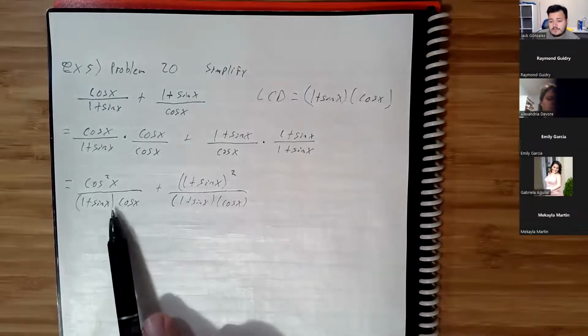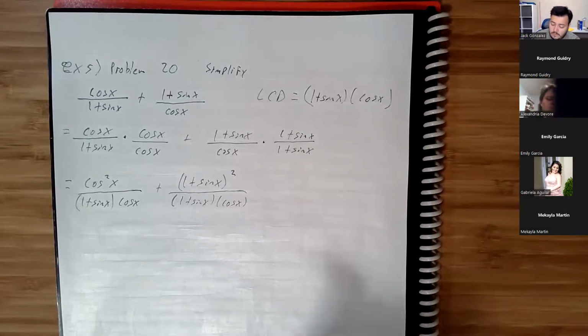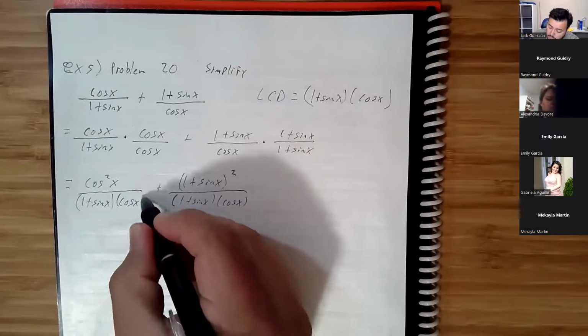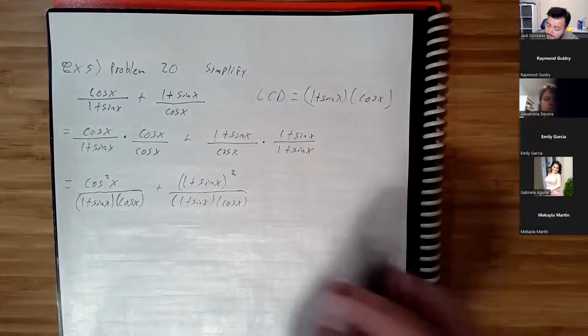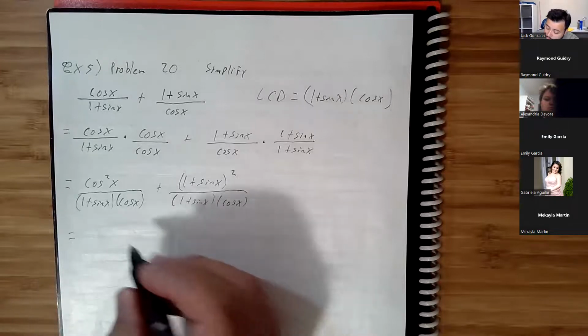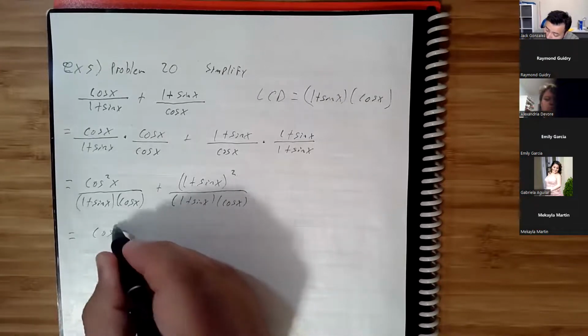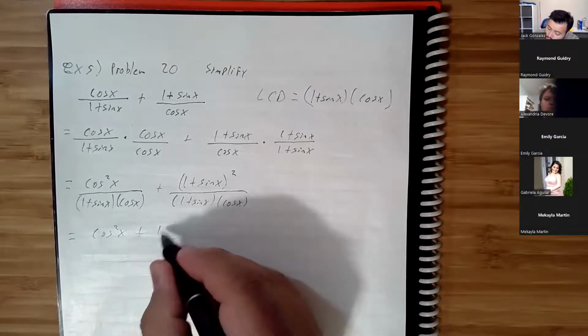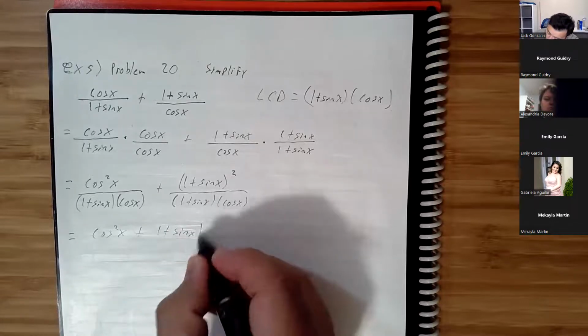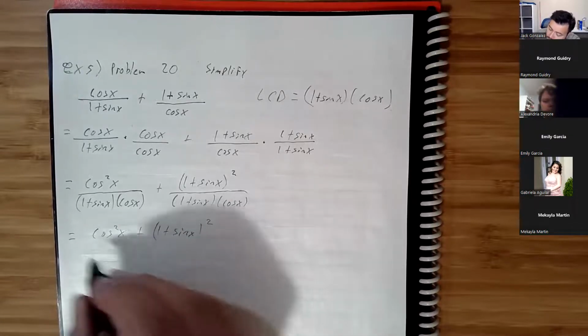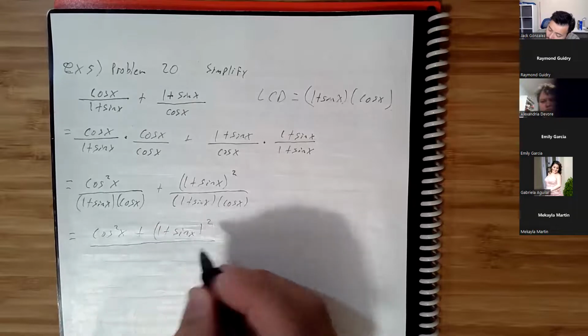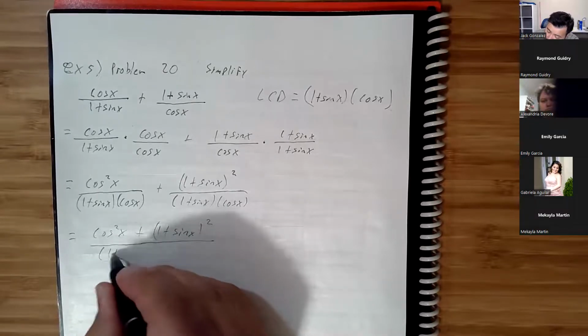I'm going to make them the same as these two. Now that you have the same denominator, you can add the numerators: cosine squared x plus 1 plus sine squared over the LCD. So I've added the fractions.